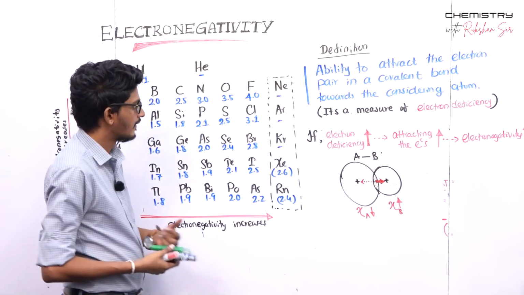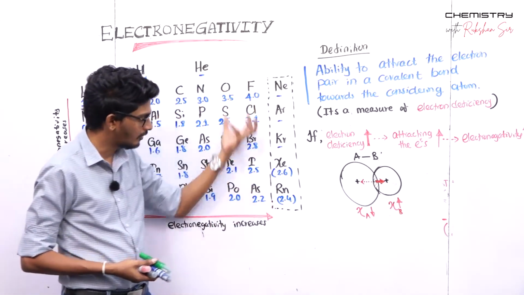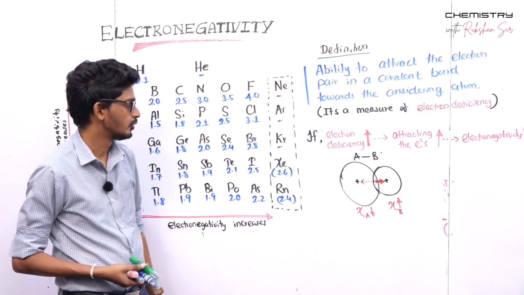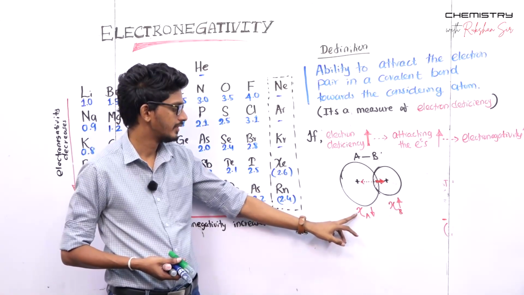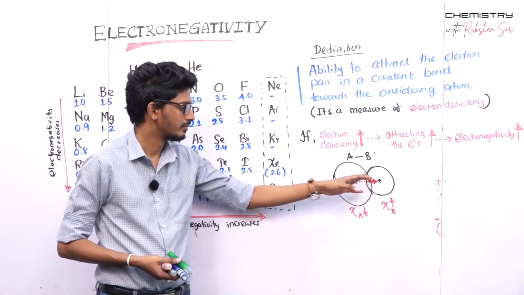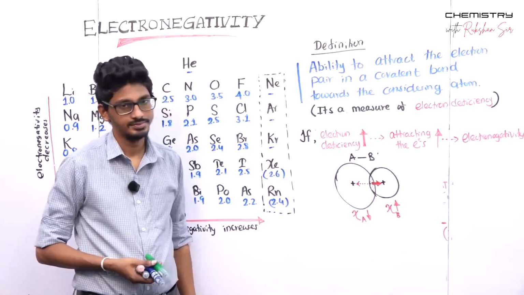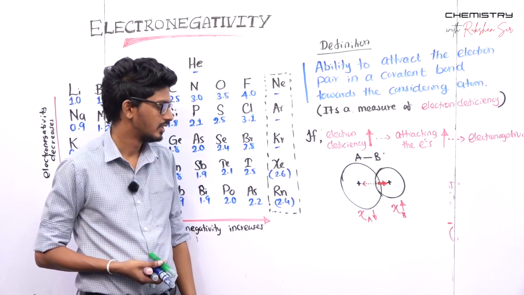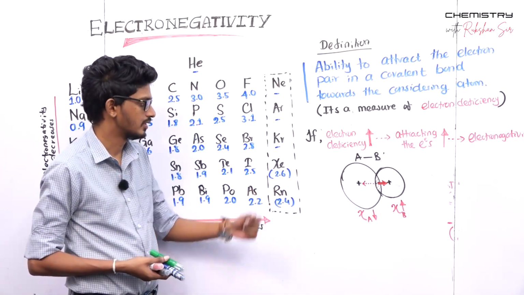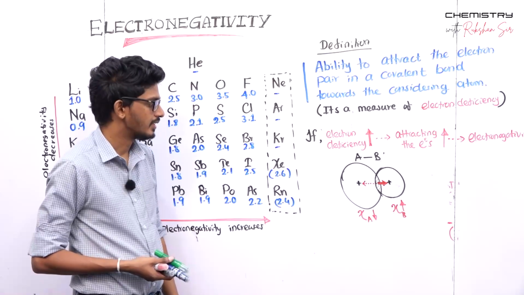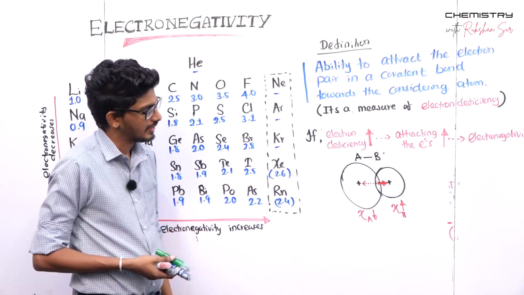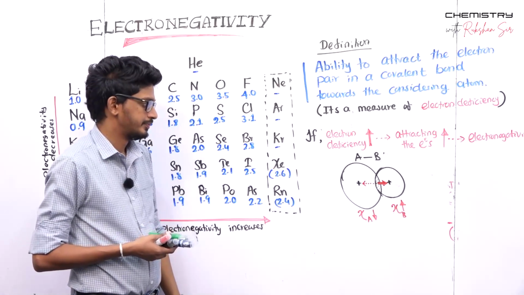When going down, what happens? Atomic size increases, so the ability to attract the electron pair decreases, as the electron pair is a bit away from the nucleus. That is the idea. This is valid considering periods as well as groups.